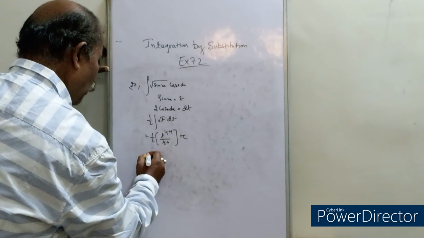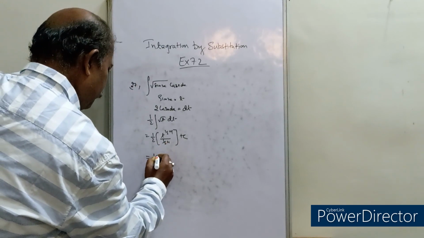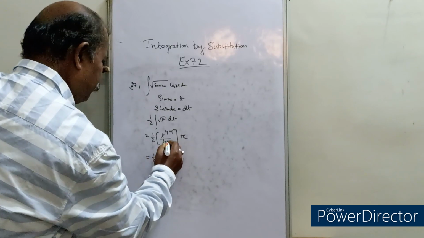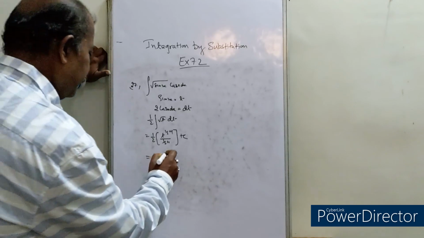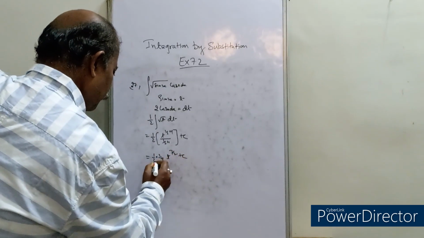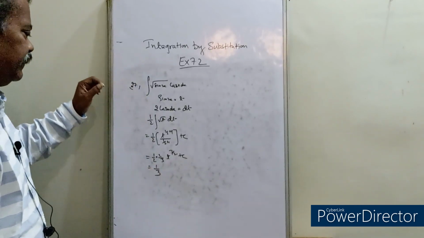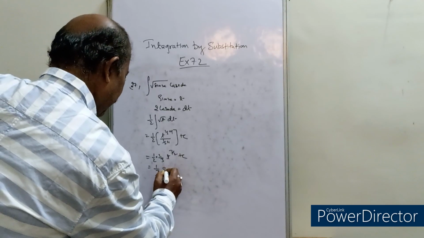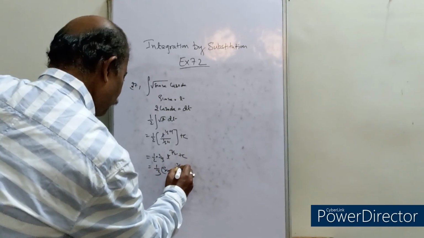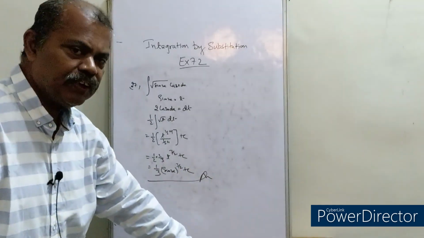So this becomes 3 by 2, that means it will be 2 by 3, and t to the power of 3 by 2 plus c. So this cancels out to 1 by 3, and your value of t is sine 2x, so it is sine 2x to the power of 3 by 2 plus c. So this is your answer.